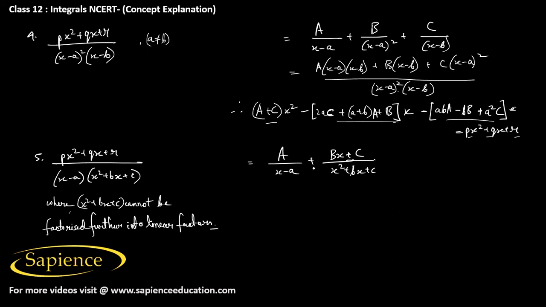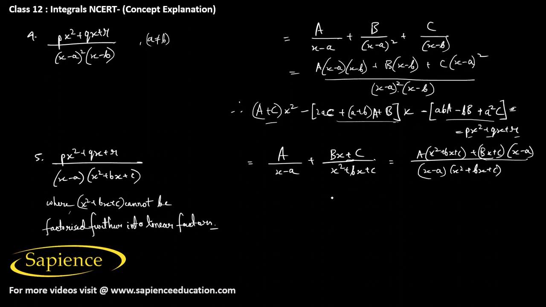And then we have to compare the coefficients, and then we have to find the values of a, b, and c. It means the LCM will come (x minus a) into (x square plus bx plus c). And then here it will come a into (x square plus bx plus c) plus (bx plus c) into (x minus a).